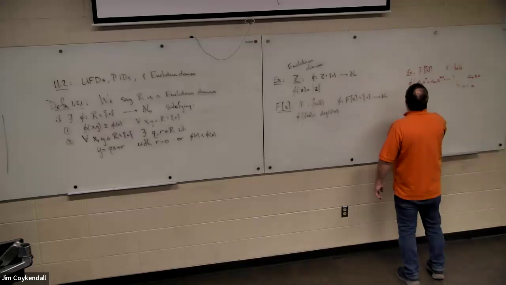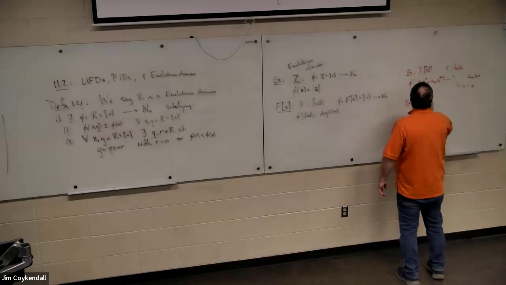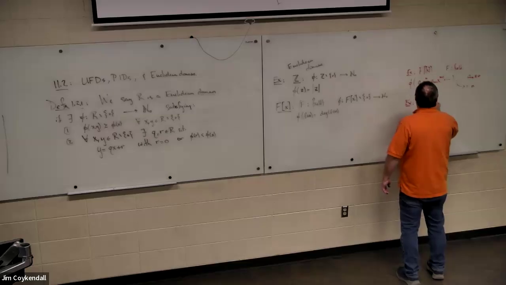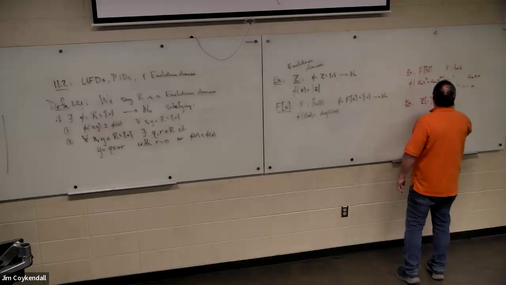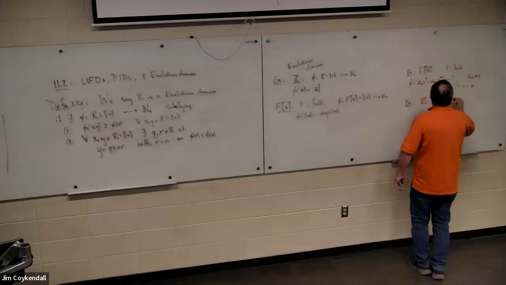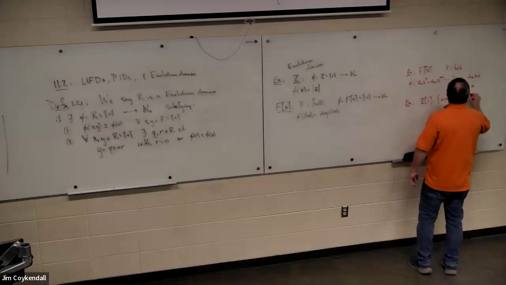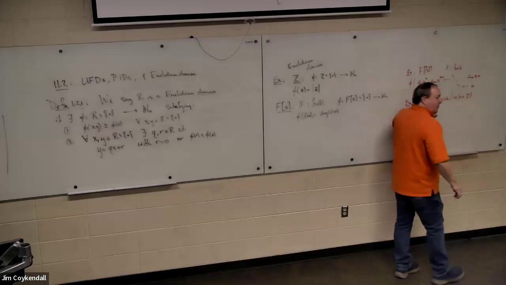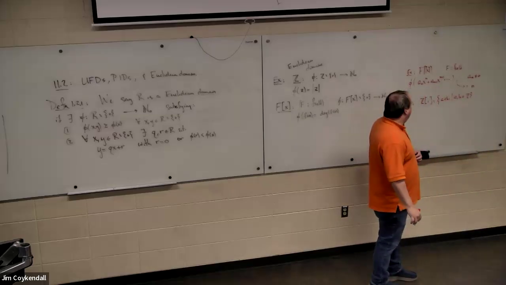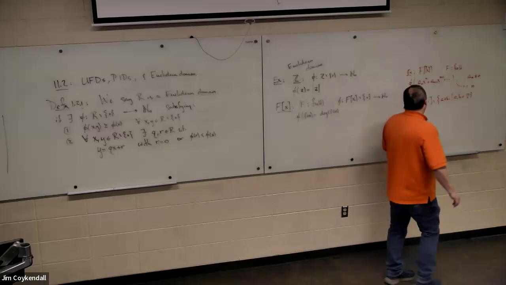And here's one more example to think about. This is called the Gaussian integers. It's important in number theory. It shows up all over the place. These are all the complex numbers a plus bi, where a and b are integers.